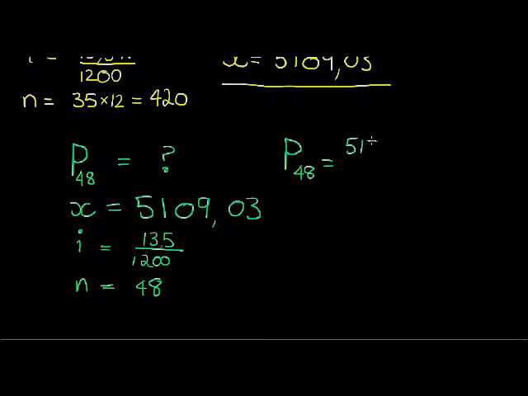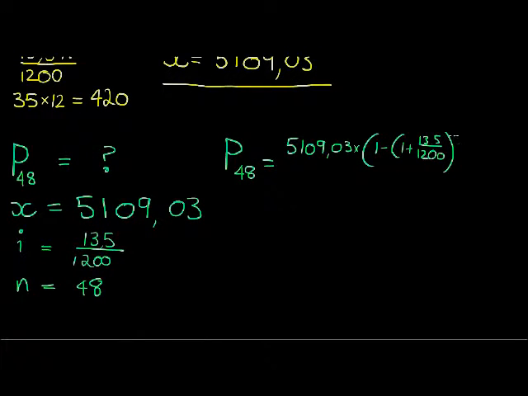That's 5,109.03 times 1 minus (1 plus 13.5 over 1200), and this time we are taking it to the power of negative 48, divided by 13.5 over 1200.